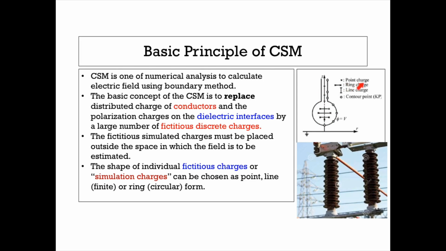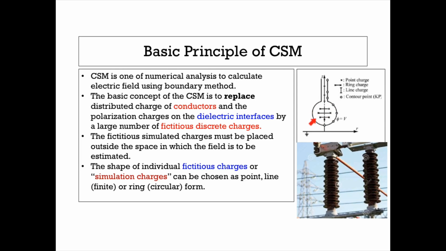The first type of charge is the point charge. That means the entire equipment can be replaced by point charges. The second type of charge is the ring charge. If the shape of the equipment is ring type, for example this particular insulation has a ring type shape, then this insulation can be replaced by a ring charge.